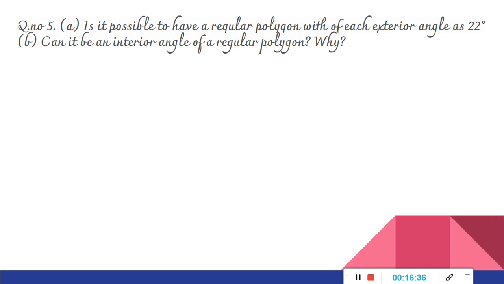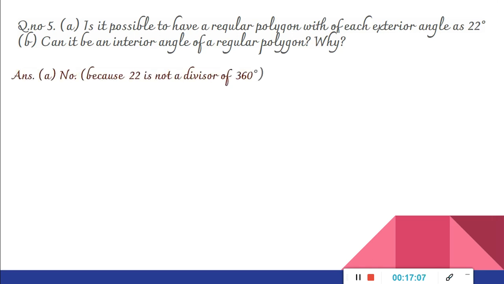So for an exterior angle of a regular polygon, it should divide 360 degrees, isn't it? If it is an interior angle, then its corresponding exterior angle should also be a factor of 360 degrees, isn't it? Then only it is a possible value.